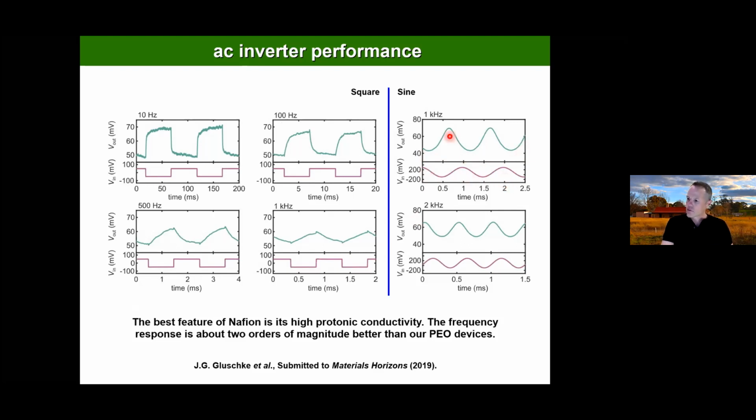You can see that we get reasonably good sine wave response out of these at 1 or 2 kilohertz still for these Nafion structures that we have in here. Probably a good 1 to 2 orders of magnitude better performance for our Nafion structures than we have for the polyethylene oxide devices.